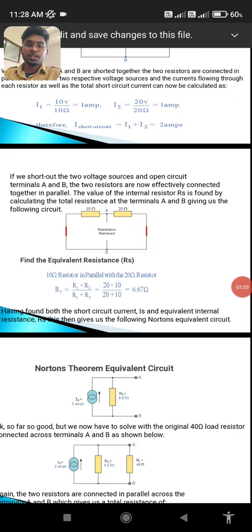If we short out the two voltage sources and open circuit terminals A and B, the two resistors are now effectively connected together in parallel. The value of the internal resistor Rs is found by calculating the total resistance at the terminals A and B, giving us the following circuit.